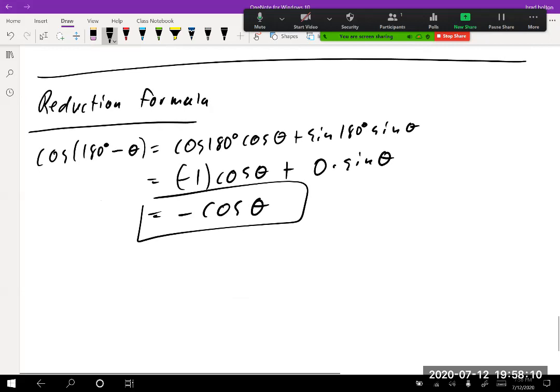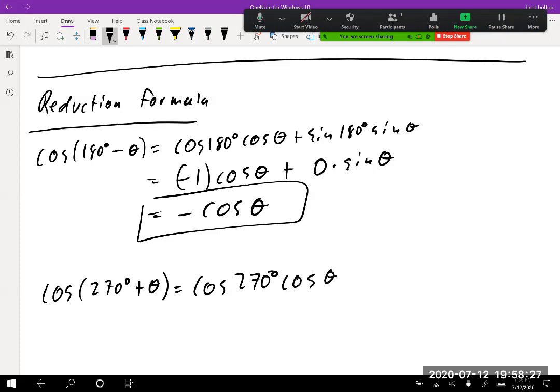There's one for this. If you say the cosine of 270 degrees plus theta, let me see how this one will work. So we'll do cosine of 270 degrees, cosine of theta, minus, remember the sign switch on cosine, minus the sine of 270 degrees, sine of theta.